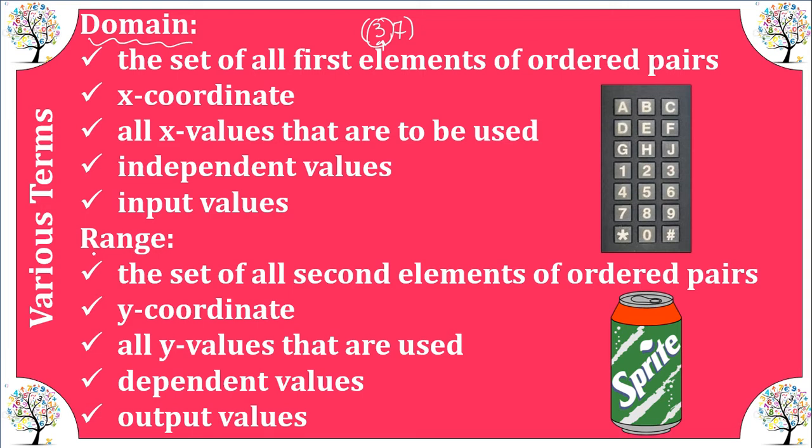The range is the output values. It is the second element. So in this example, 7 would be the range. It is the y coordinate. They are also the dependent values. So my products such as Sprite, I get Sprite depending on which code I use.